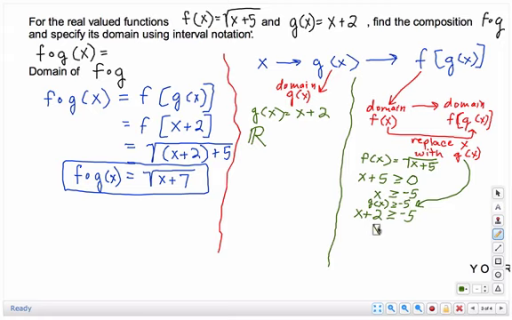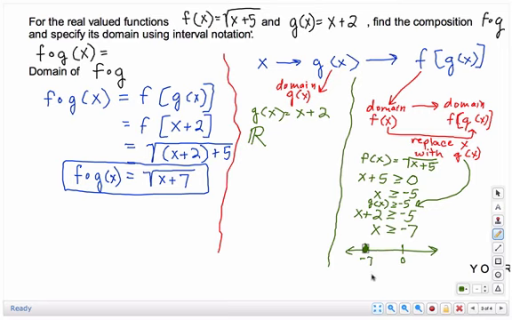So we subtract 2 from both sides, and we have x is greater than or equal to negative 7. Okay? So we have our little number line. Here's negative 7. It's greater than or equal to, so we have a filled in circle, and it's shaded to the right because it's greater than.